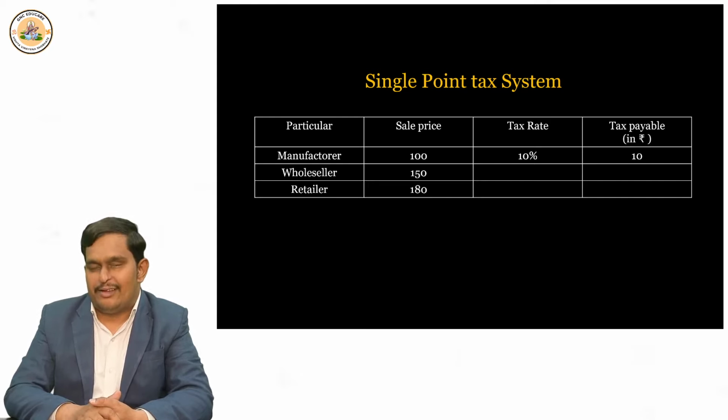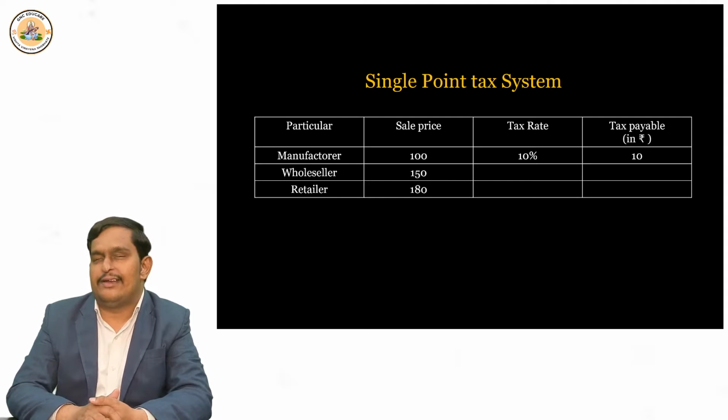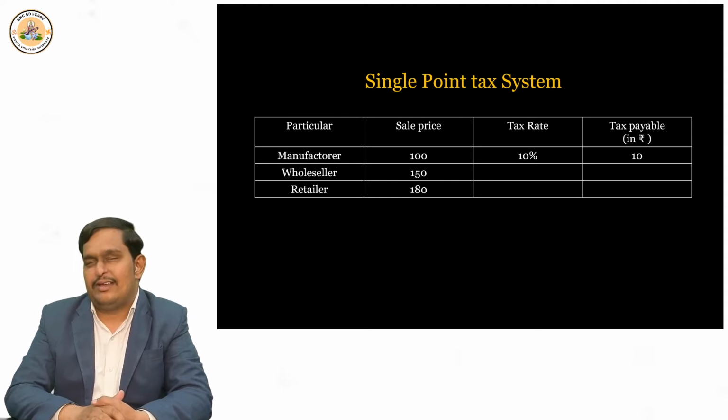There are three layers: manufacturer, wholesaler, and retailer. One sells for 100, the second for 150, the third for 180. In the single point tax system, tax will be levied only at the starting point. Let's assume 10% is the rate of tax.